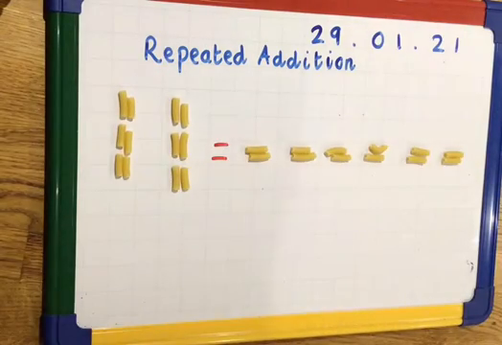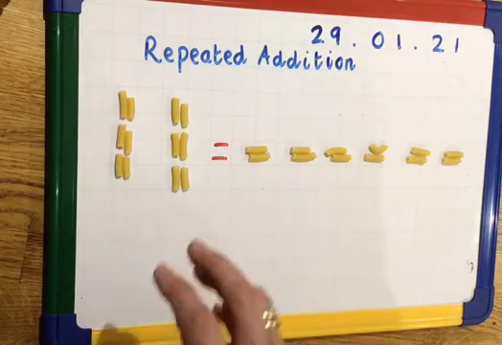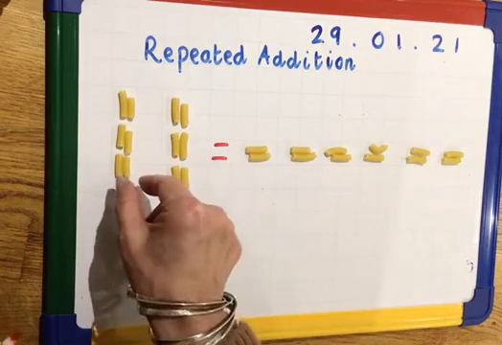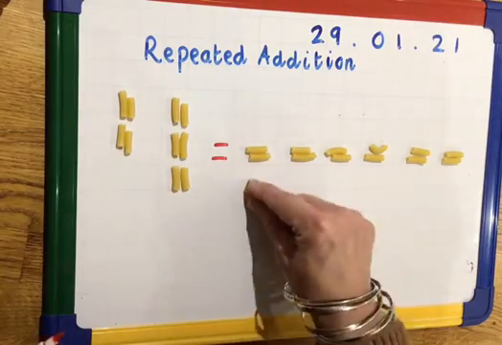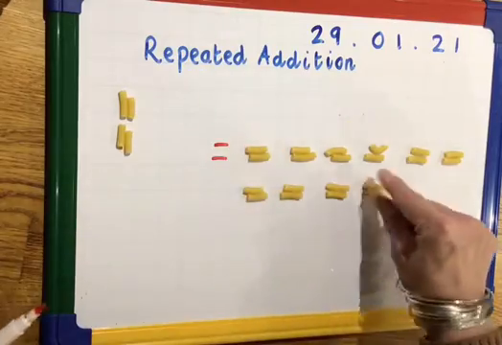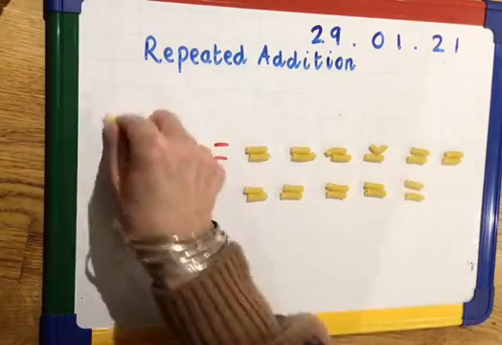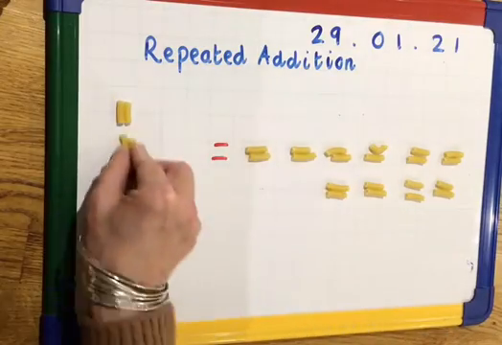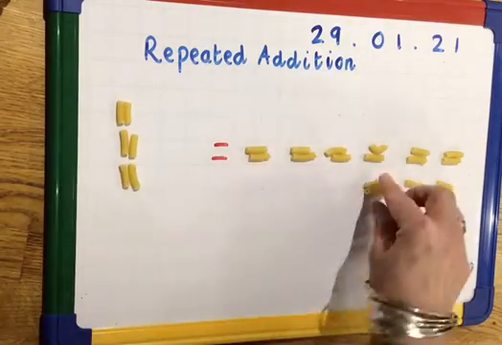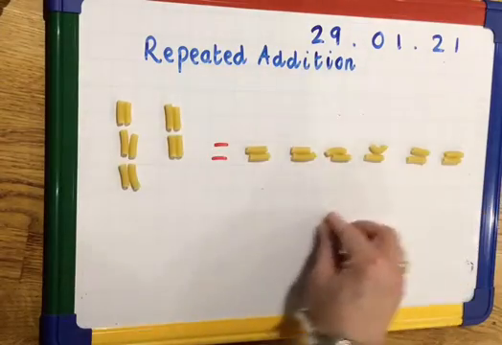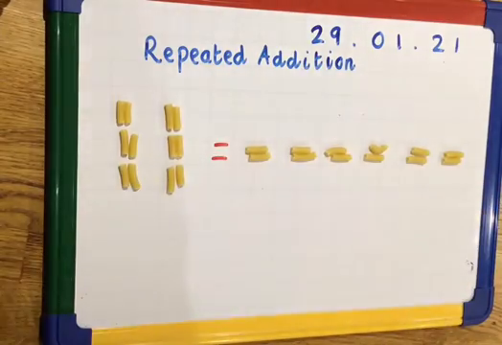Remember yesterday we looked at how we could rearrange things, and if I had my 2 groups of 6, I could actually turn them into 6 groups of 2. So my 2 groups of 6 is the same as 6 groups of 2.